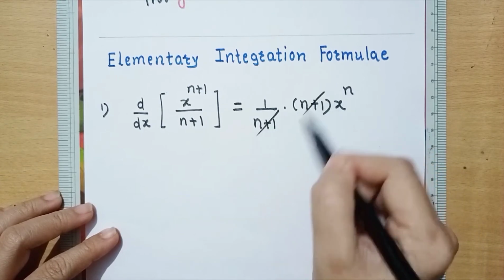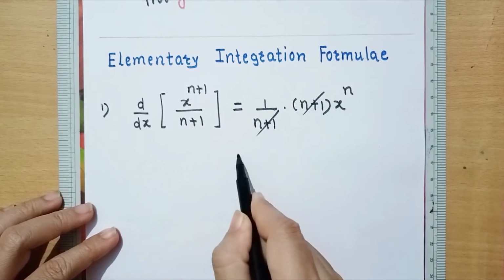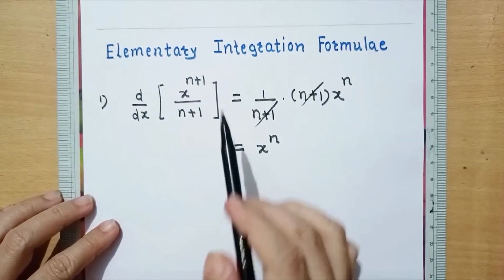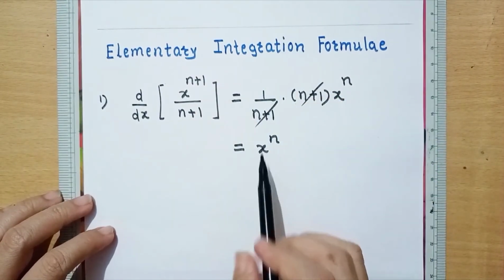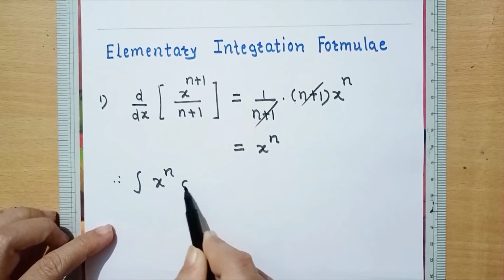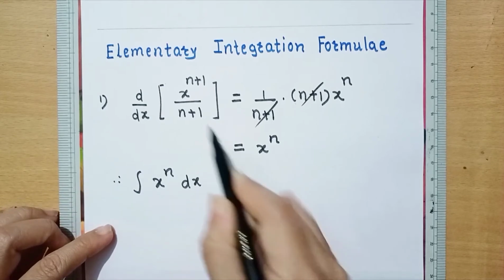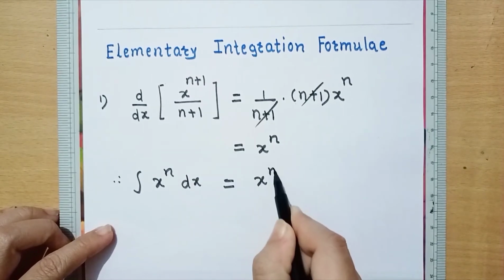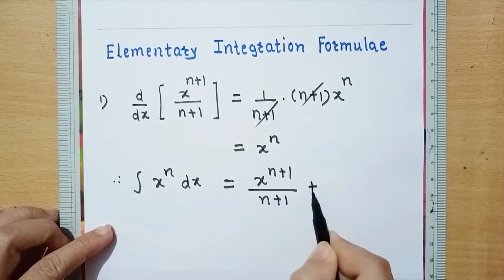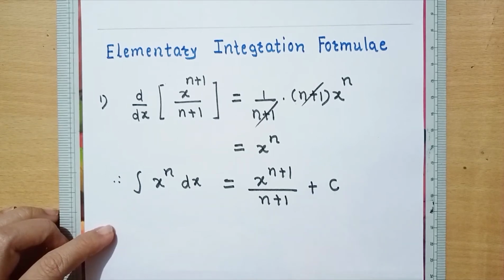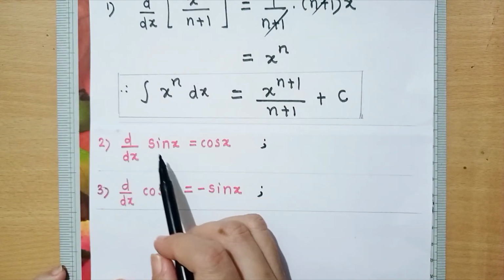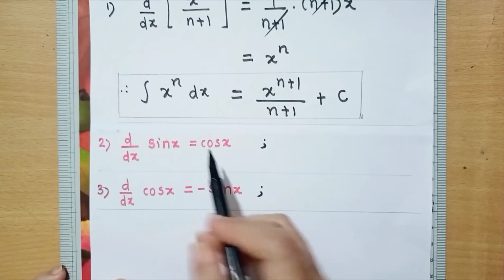So this n plus 1 and this n plus 1 get cancelled, and that is equal to x raised to n. And now by definition of integration, we can write this as integration of x raised to n dx is equal to x raised to n plus 1 upon n plus 1, plus c, this is the constant of integration. Also d by dx of sin x is equal to cos x.